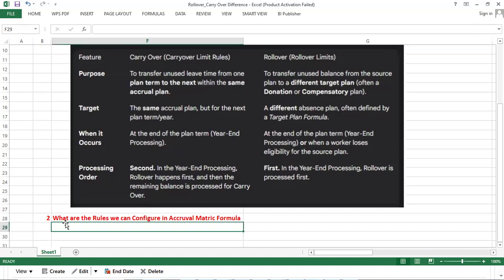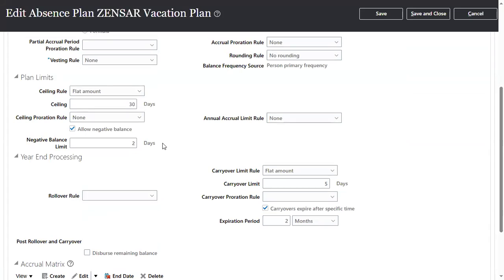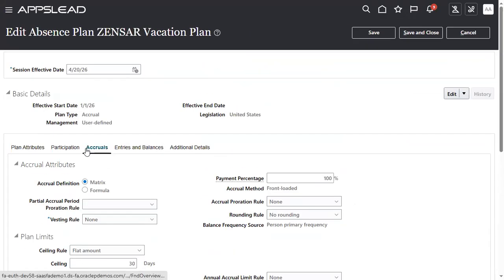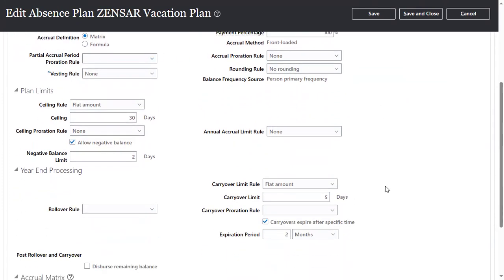Next, what are the rules we can configure in an accrual matrix formula? While creating an absence plan, we see the accruals tab. There is a formula option, meaning fast formula, and there is a matrix option. Matrix means we manually configure it as per our requirement.